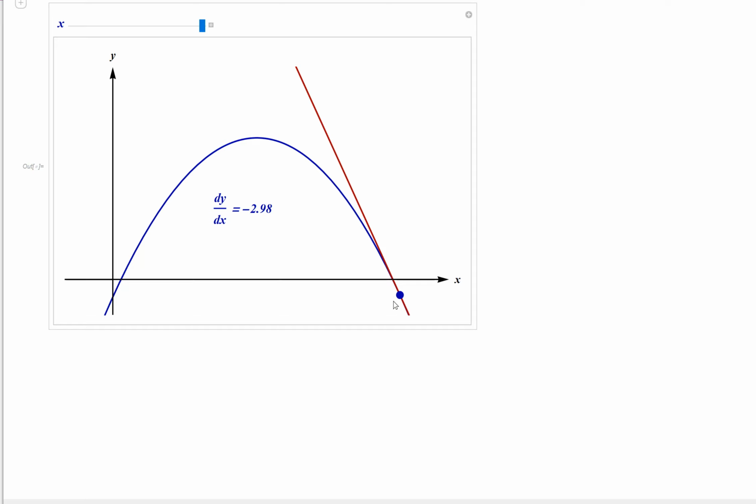The slopes are decreasing. The second derivative measures how the slopes change. And hence, if the slopes are decreasing, the second derivative should be negative. And that's what we're supposed to take away from this.